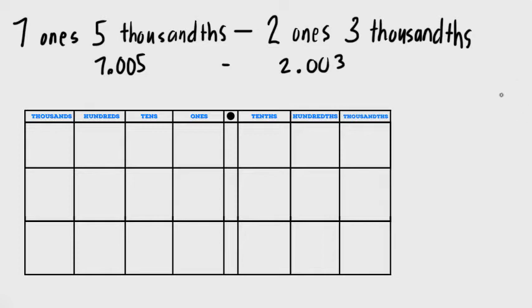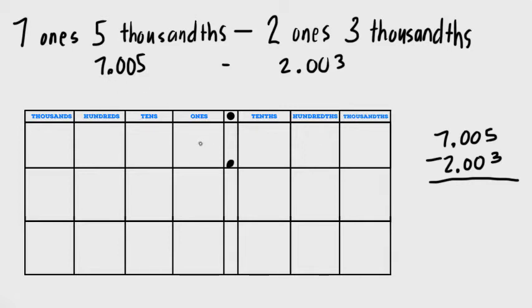Simple enough, and I can set that up over here. Remember, we always line up our decimal, but again, having it in the place value chart, we don't make that mistake. It's a common mistake in adding and subtracting decimals, and when we use the place value chart, it's very unlikely to happen if you put the numbers in the correct spot.